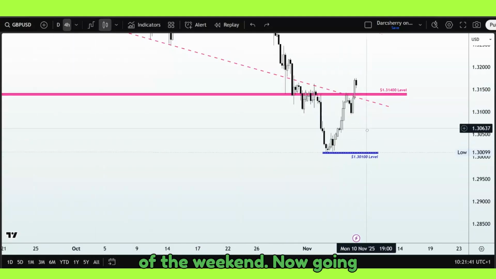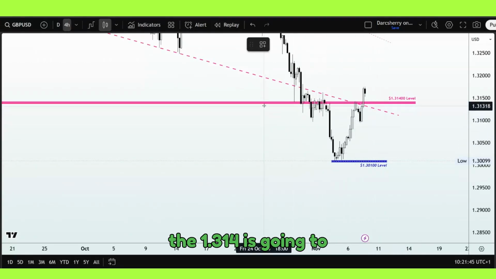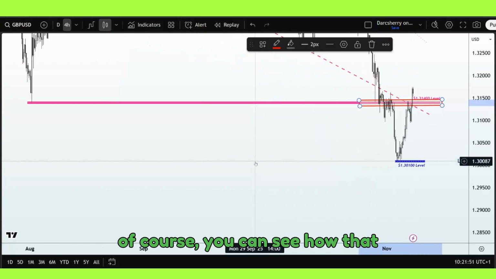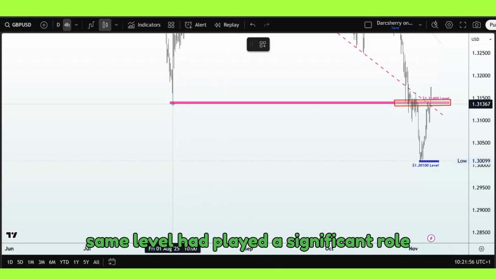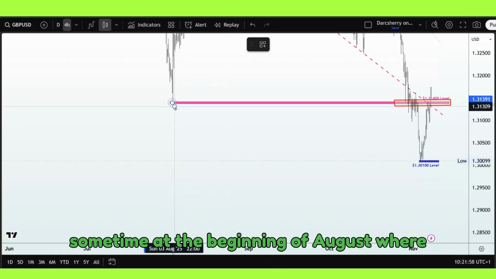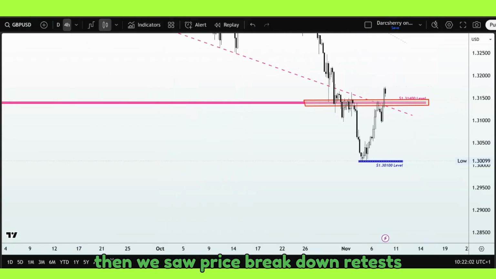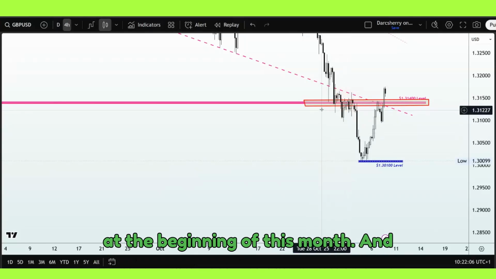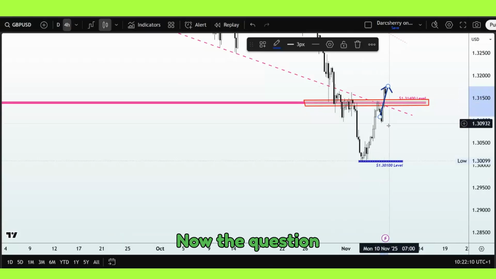Going into next week's trading session, the 1.314 is going to be my key level. You can see how that same level played a significant role at the beginning of August, where it was a strong demand zone, and then we saw a price breakdown and retest at the beginning of this month, and right now price is above this structure.